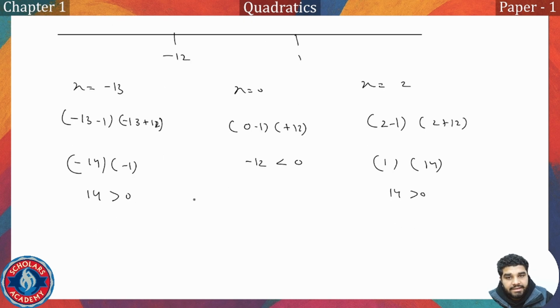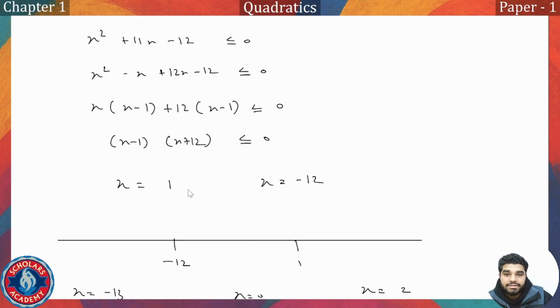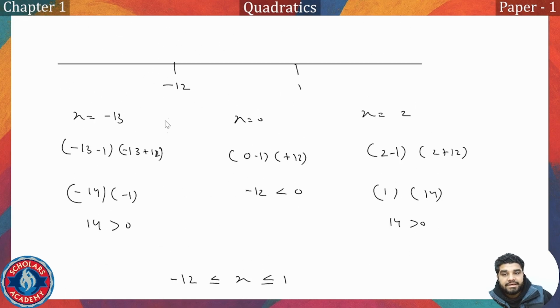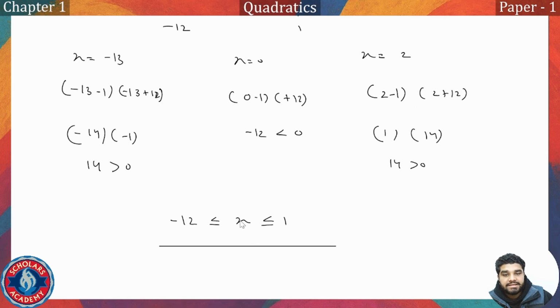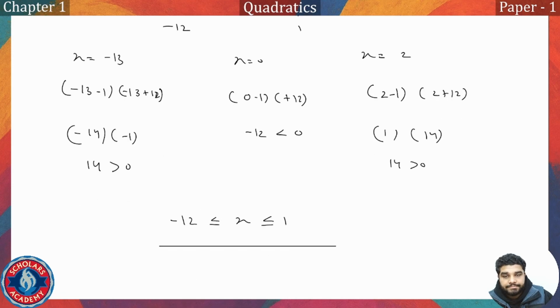So the interval that we are taking is negative 12 is less than or equal to x is less than or equal to 1. This is the interval which gives the quadratic value less than or equal to 0. Alright. So it is equal to 0 at negative 12 and 1, and less than 0 when it is between negative 12 and 1. I hope it is clear.